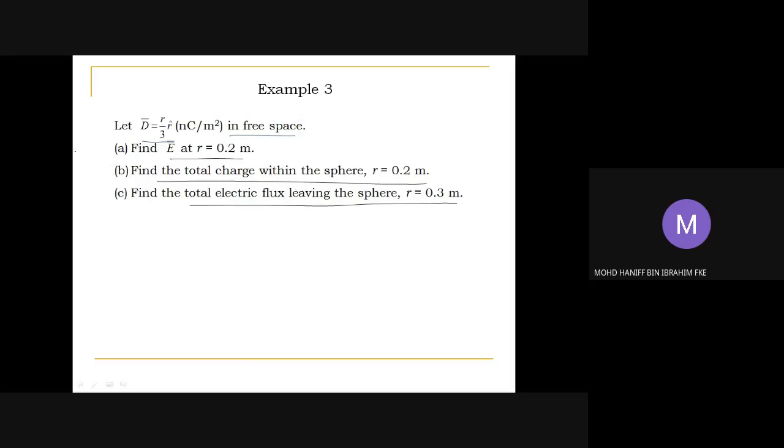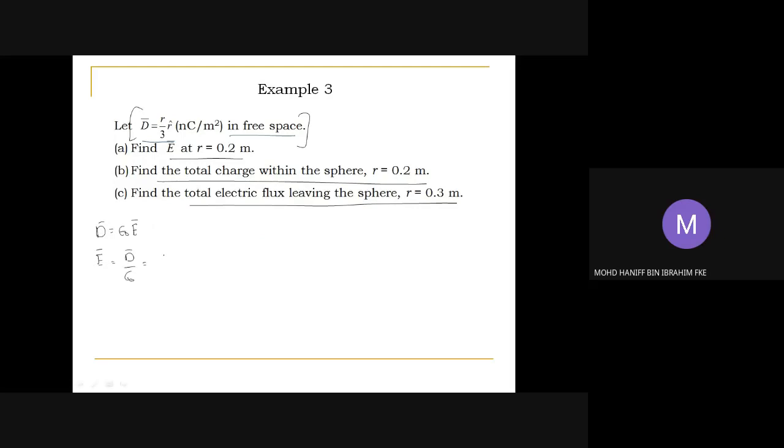Given here that the flux density D is in a free space environment, find the E. This is based on the equations that we have seen before, the relationship between D and E. So D equals epsilon naught times the E field, and from this relationship, the E field equals the D vector over epsilon naught.